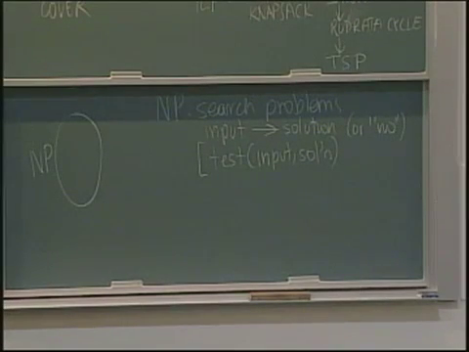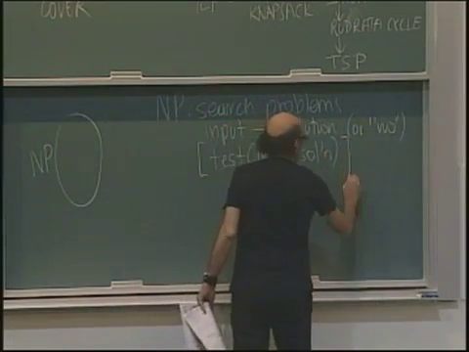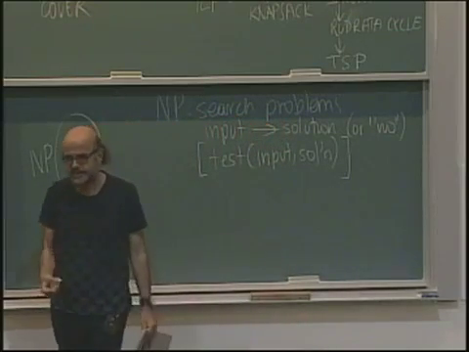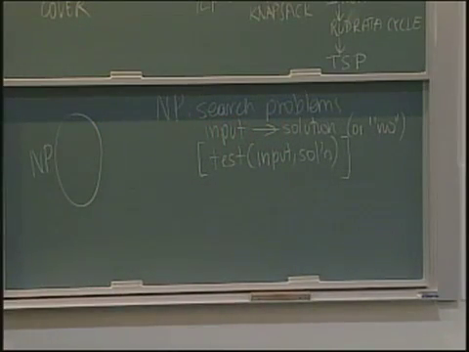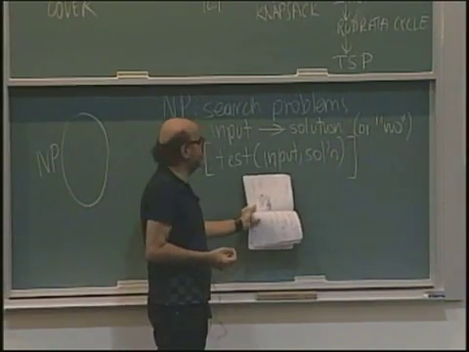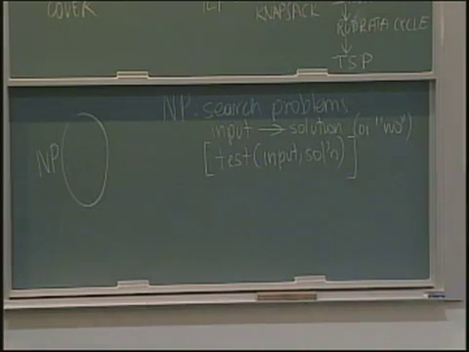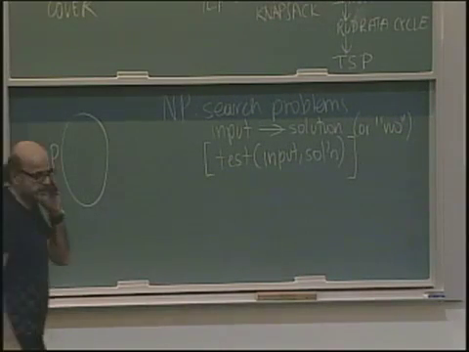Or there could be no solution, in which case you want the algorithm to tell you. What makes a problem a legitimate search problem is that there is an algorithm that tests whether the solution is indeed a legitimate solution for the input. And this test, of course, should be done very fast.